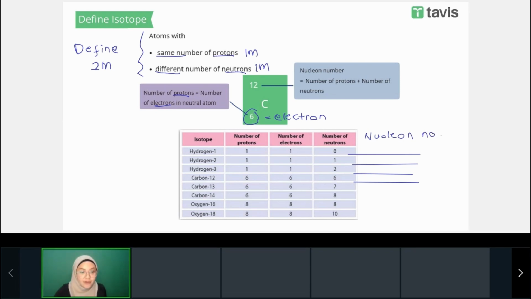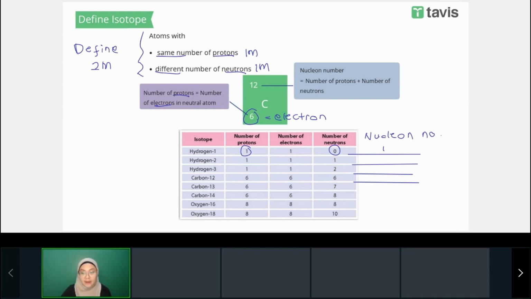Can you calculate for me the nucleon number for hydrogen? Nucleon number is proton plus number of neutrons. So 1 plus 0, the nucleon number will be 1. Yes, good. How about carbon 12?